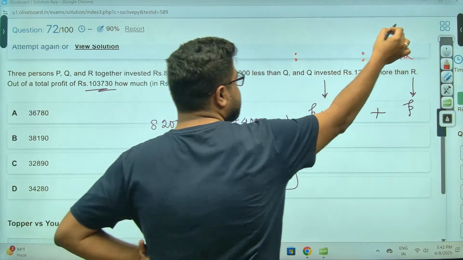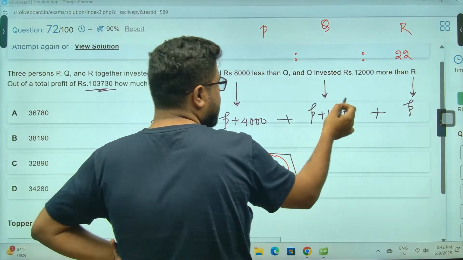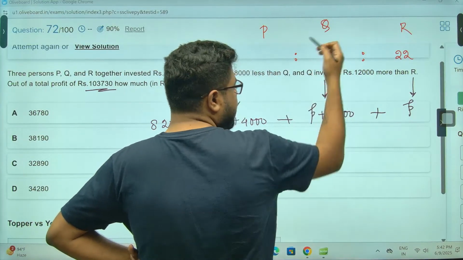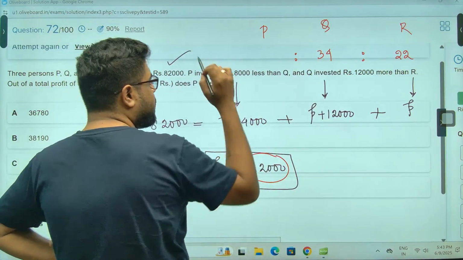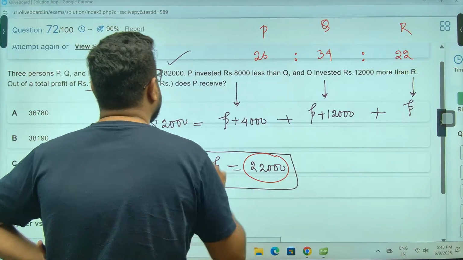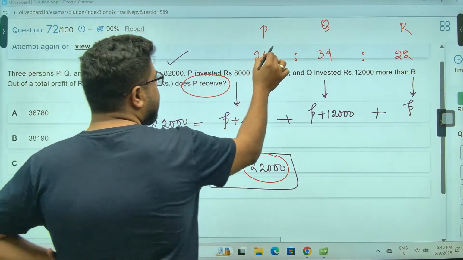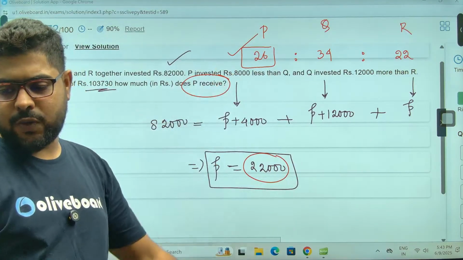Correct? So this is R, this is Q, this is P. Q invested 22 plus 12, that is 34,000, so 34. And this is 22 plus 4, 26. P's share will be a multiple of 26. I'll not do the entire calculation.